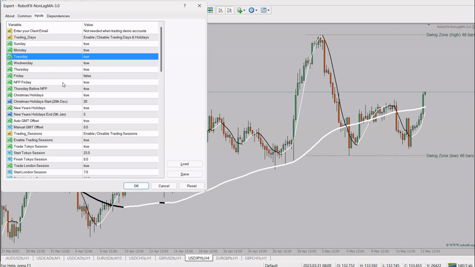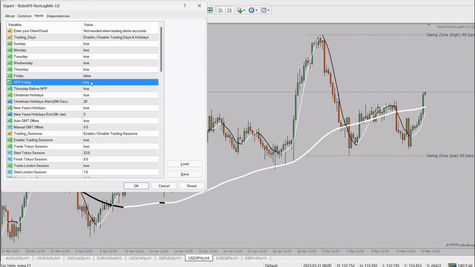Also, the expert advisor has an NFP filter, the NFP Friday, which stands for, by the way, non-farm payroll. If you don't know, it's usually a day of high volatility. So if you don't like high volatility, and you prefer a stable market, just set the NFP Friday to false, and the expert advisor will not trade the non-farm payroll.